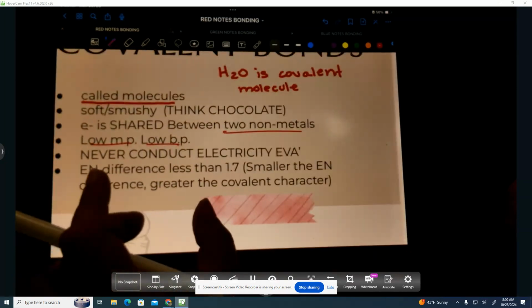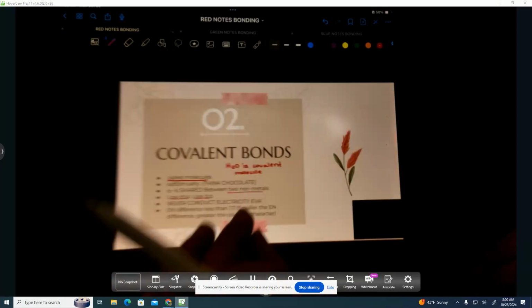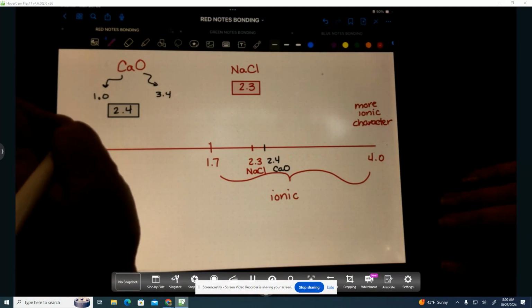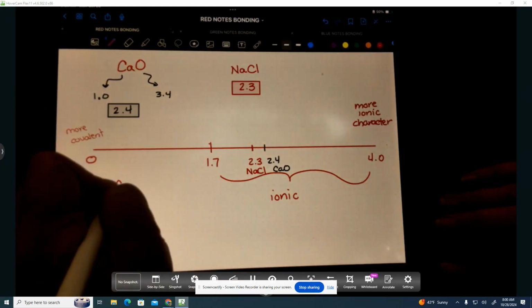So covalent, there's no ions and there's no moving electrons. So there's no conducting electricity. Their electronegativity difference is going to be less than 1.7. Okay? And the less electronegativity difference you get, the more covalent you're going to be. So all these guys down here are going to be covalent.